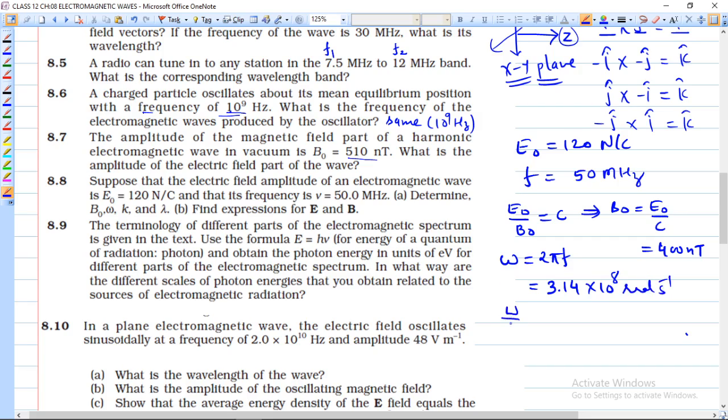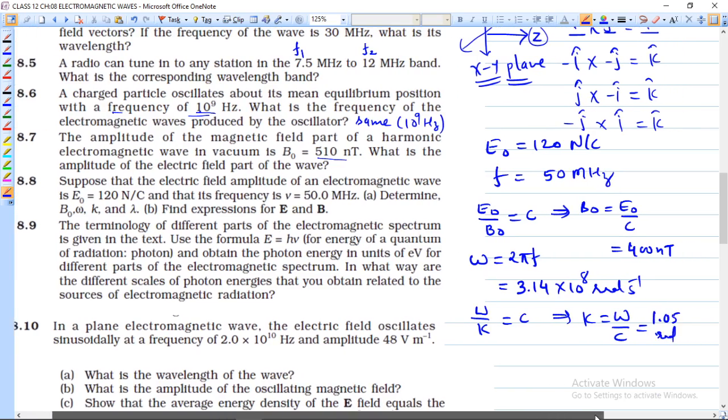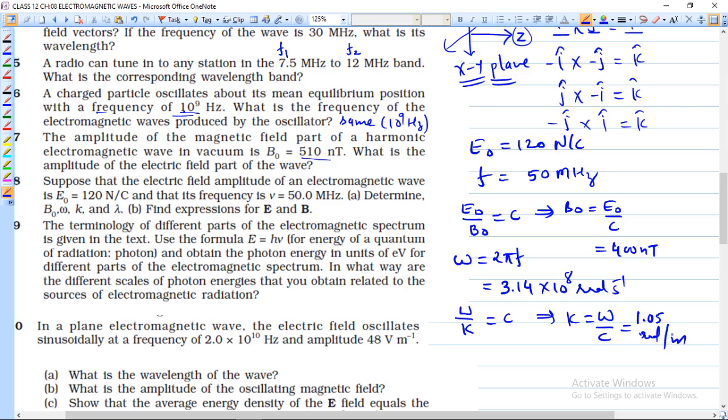K, students: omega upon K is equal to C. So K is equal to omega upon C. So put the value of omega and the value of C. Or K is equal to 2 pi by lambda, you can also write directly, but I'm writing here omega upon C. The value of K you will get is 1.05 radian per meter.